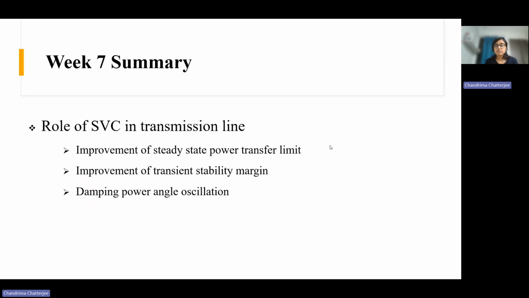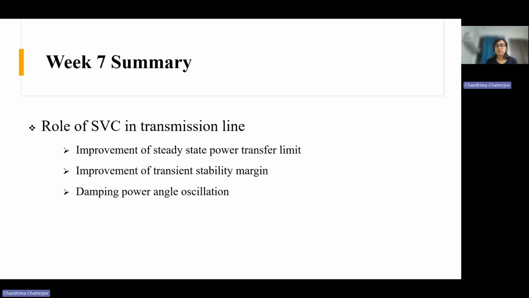We can dictate when to turn on the thyristors by deciding the firing angle. By varying this firing angle, we can vary the effective susceptance, and that's how we can have variable compensation.